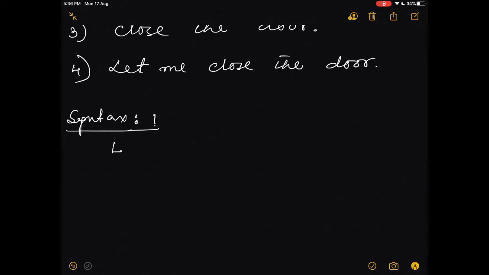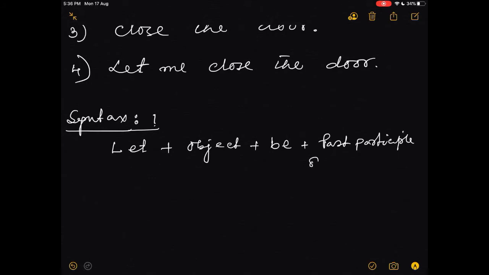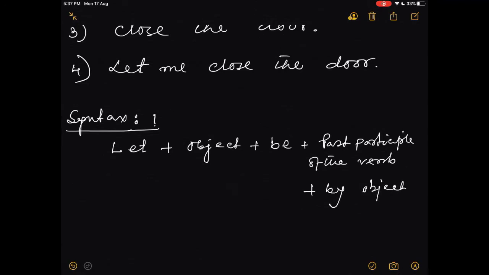That is let plus object plus be plus past participle of the verb plus, if anything is there, by object. Object means here subject in the objective form.